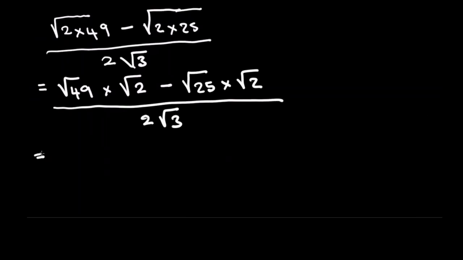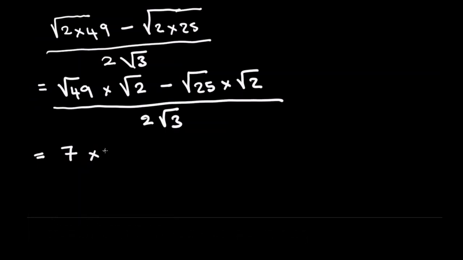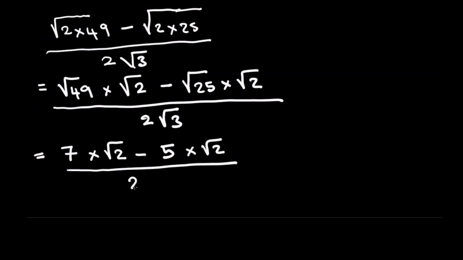That being so, the square root of 49 is 7, because 7 times 7 gives us 49. So it's now 7 times root 2 minus the square root of 25, that's 5, 5 times root 2, all over 2 root 3.